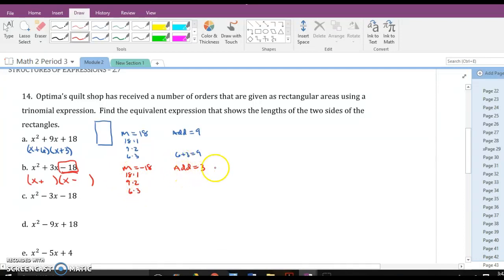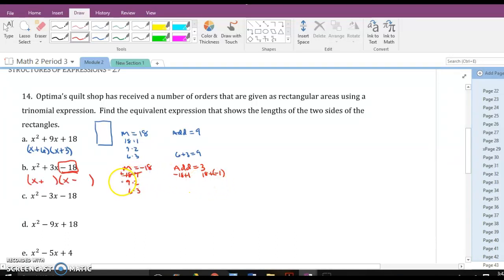Now, which ones could work? Could we add or subtract to make it a positive 3? Well, negative 18 plus 1 would give you negative 17, not going to work. If I change that, 18 plus negative 1 is going to be 17, not work.